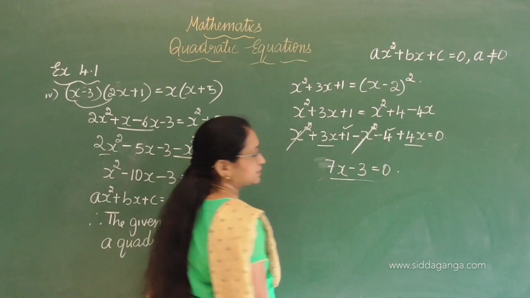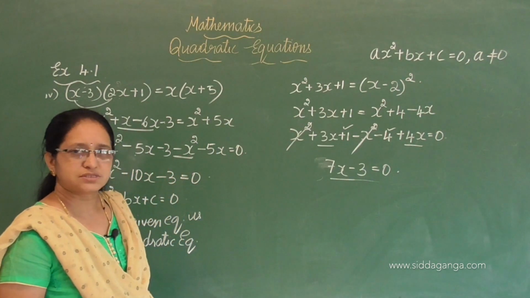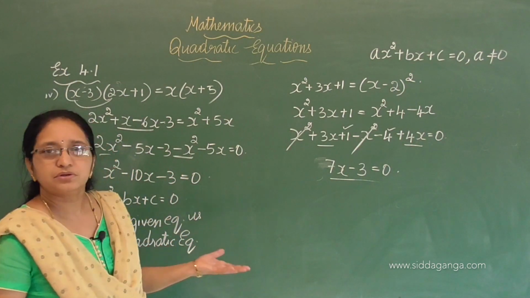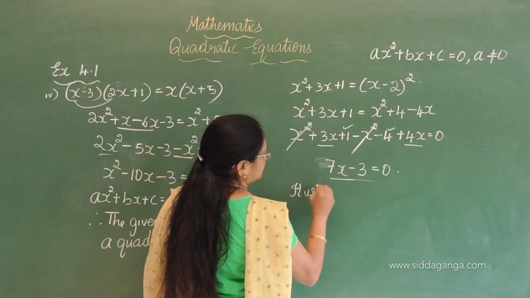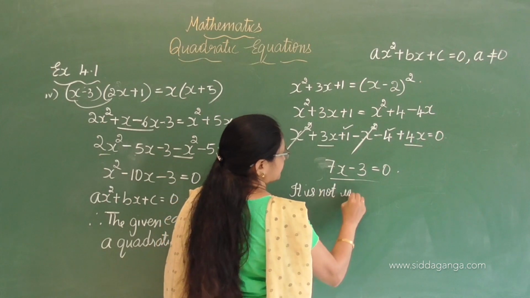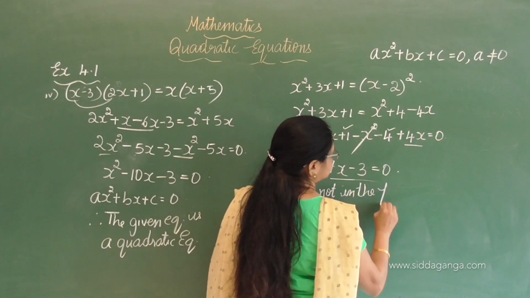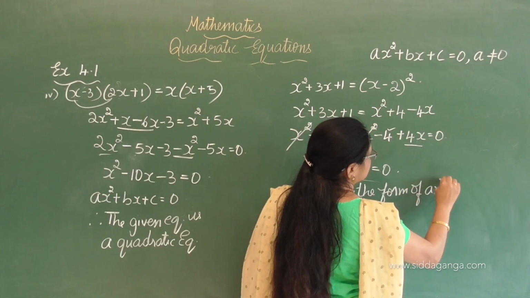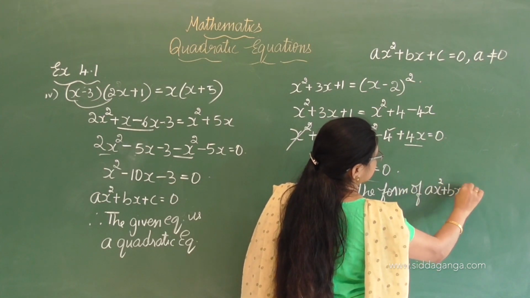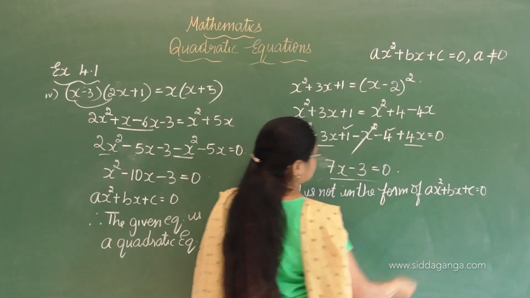Now what is the conclusion? I think by now you all know it is not in ax square plus bx plus c is equal to 0.